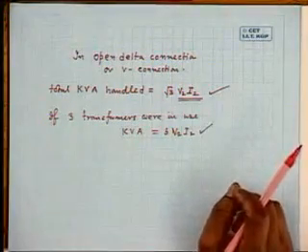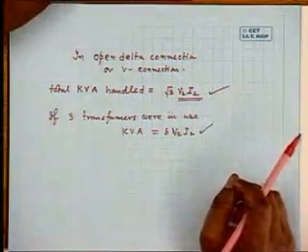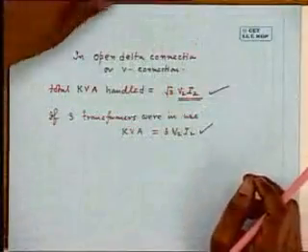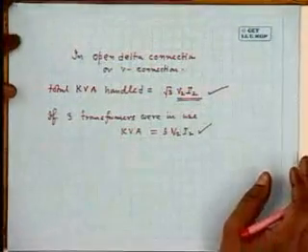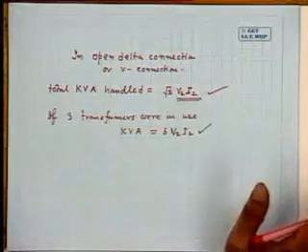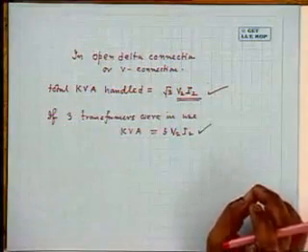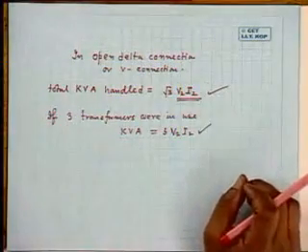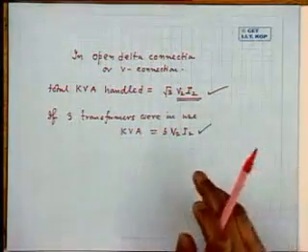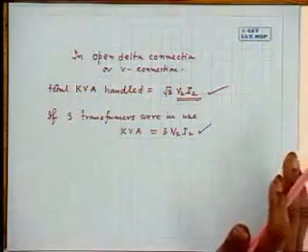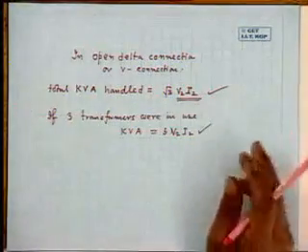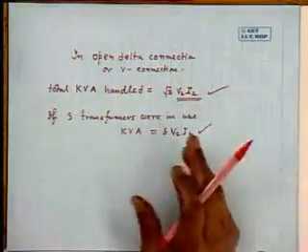But the point I want to make is now this one. Suppose instead of purchasing a single three-phase transformer, three single-phase transformers have been put, and it is supplying load.